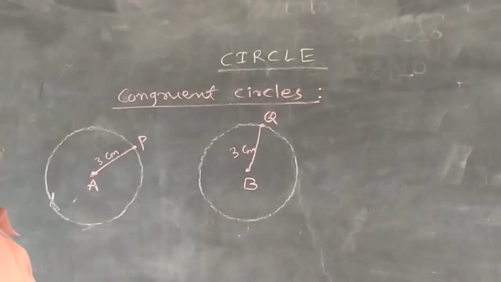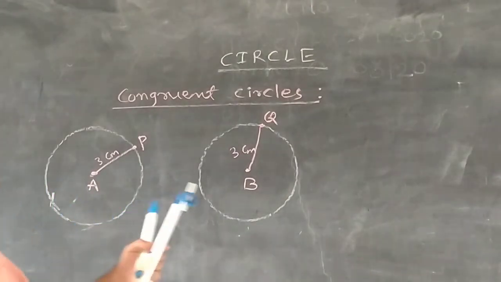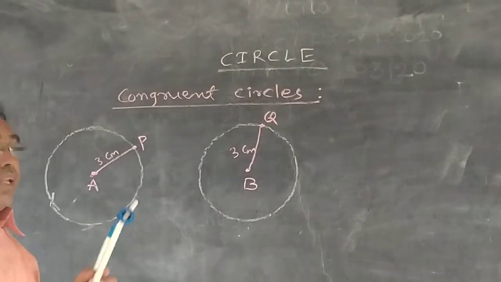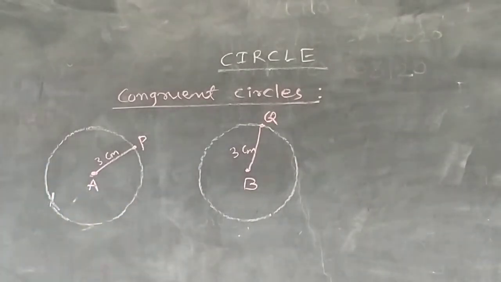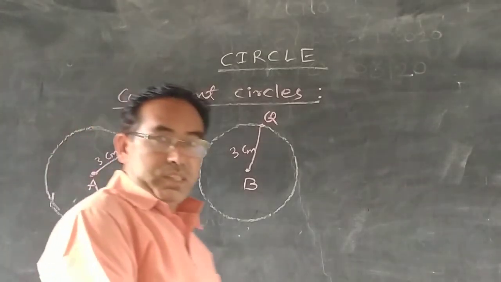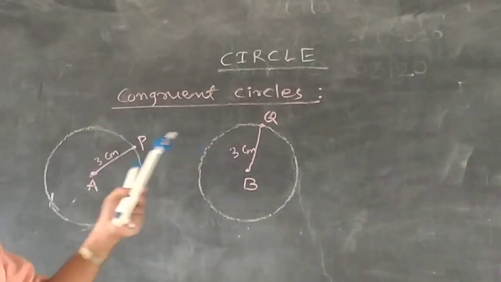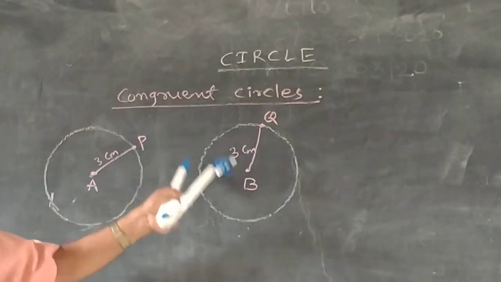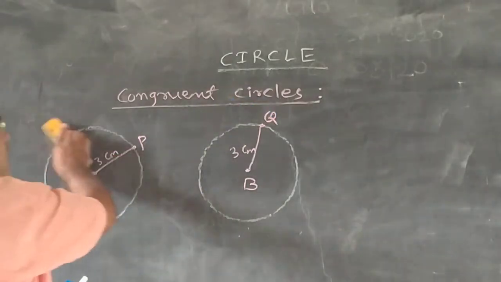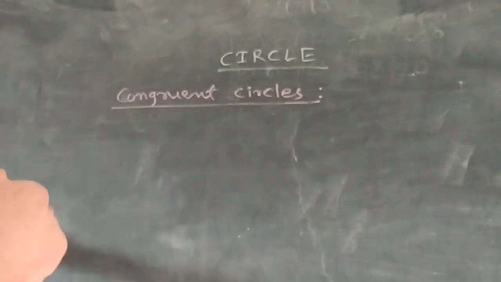Another term we see is intersecting circles. These two circles were separate but with the same radius, and we call them congruent circles. Now we take these circles in this way.